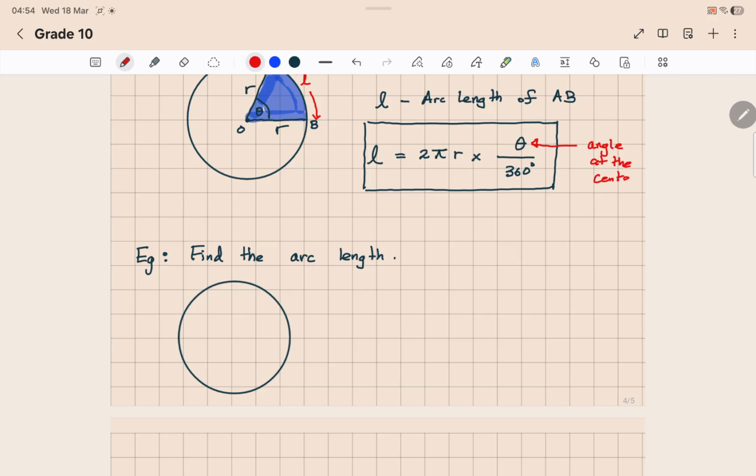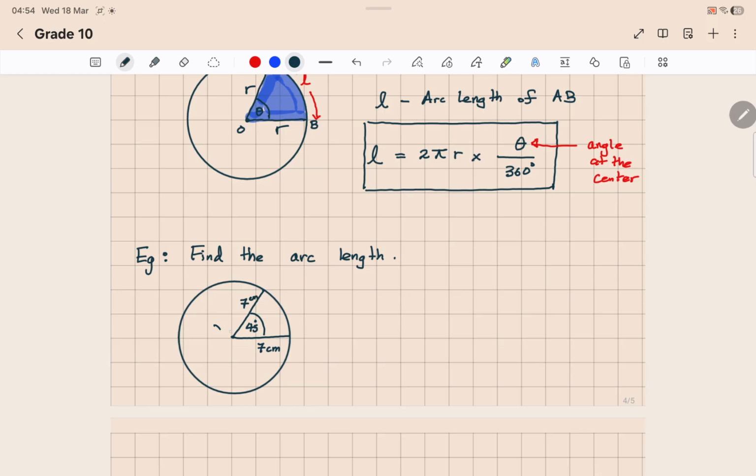Okay, let's look at this example. Let's say we have 45 degrees as the angle, and the radius is 7 centimeters.